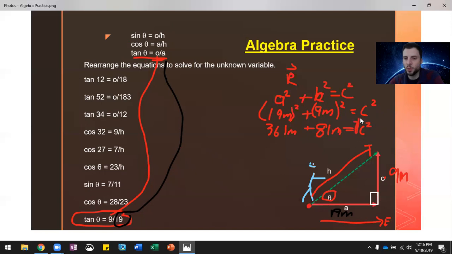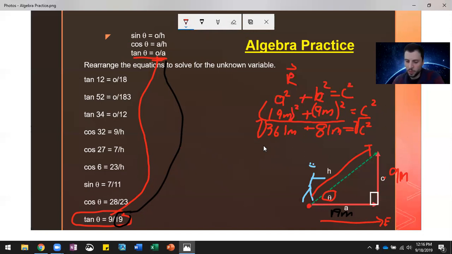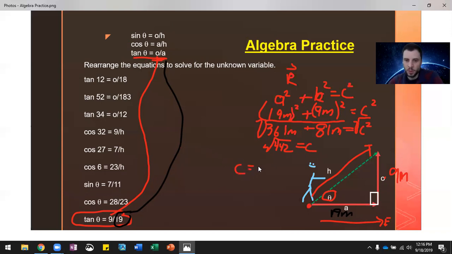So we have to take the square root of the sum of our first two integers. So we can take 361 plus 81. That gives us the square root of 442. That equals our C. And C equals 21 even. All right. So that's how long our hypotenuse is.